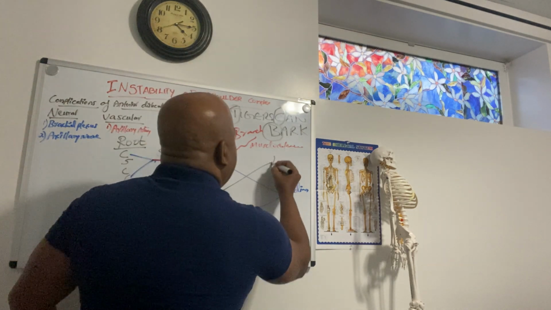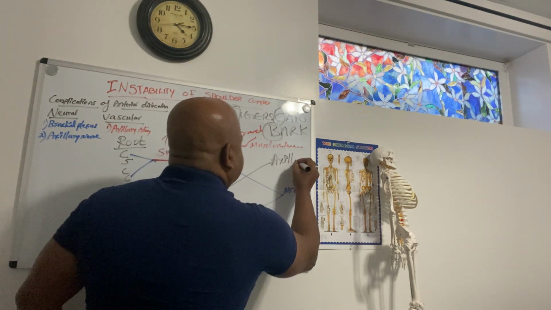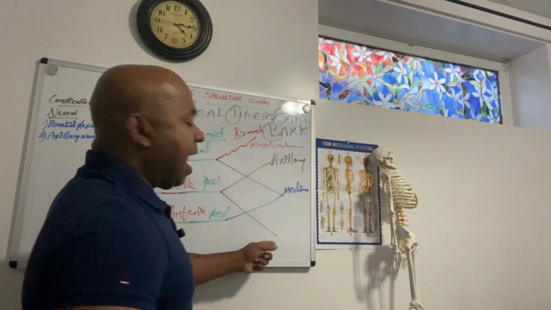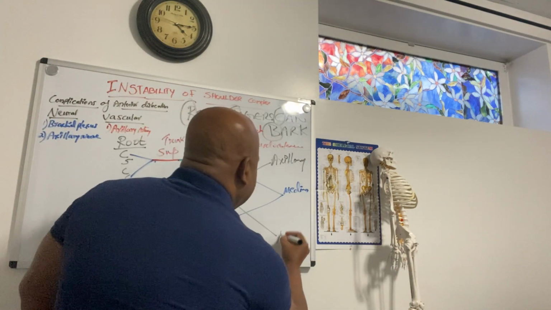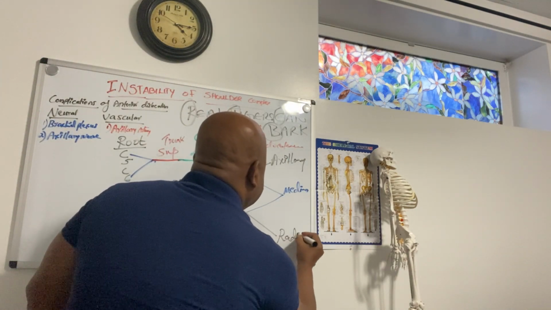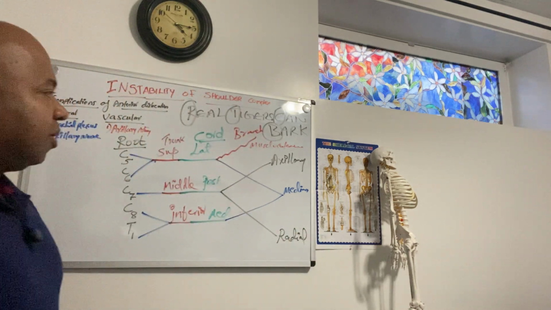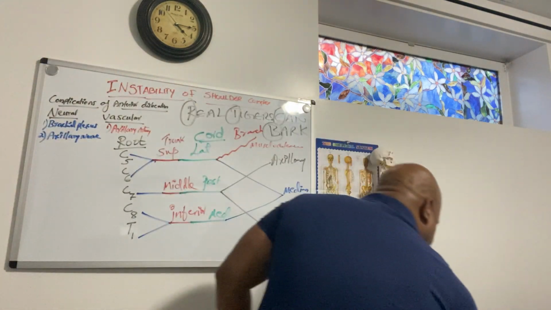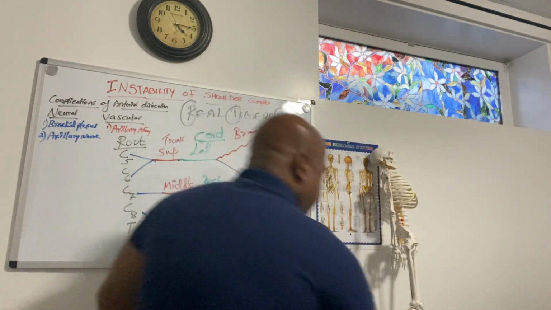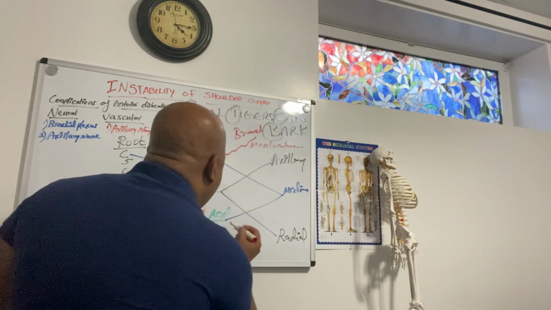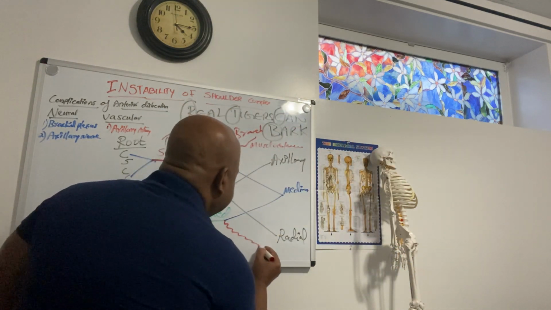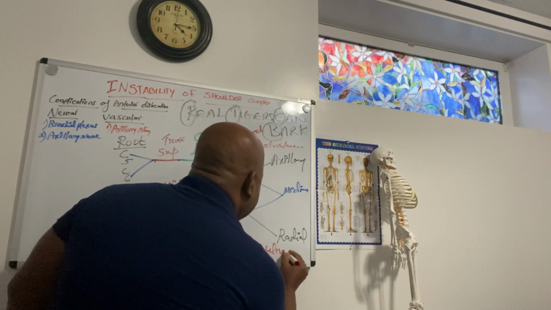One is the axillary nerve, and the other one is the radial nerve. And the medial cord alone will form the ulnar nerve.